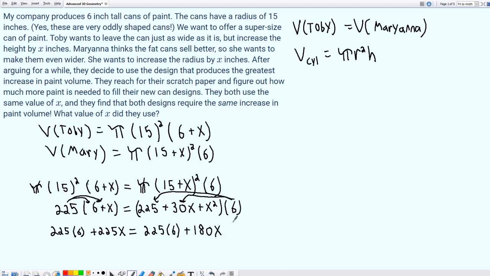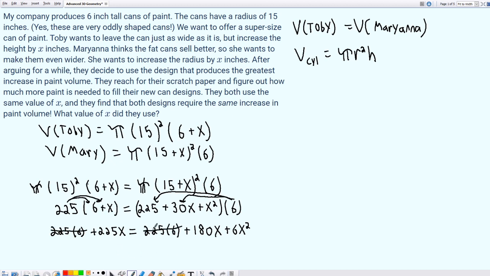And then 6 times x squared, which is just 6x squared. Now, hopefully you can see why I just left the 225 times 6, because since we have it on both sides of the equation, we can just cancel those out.